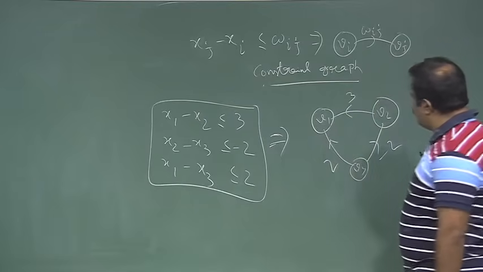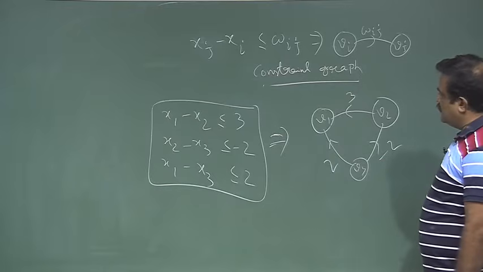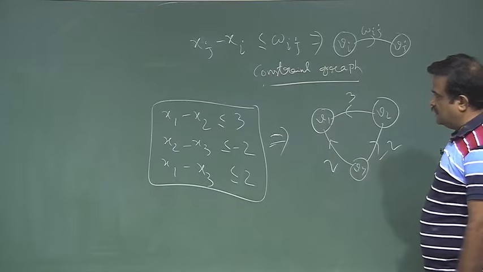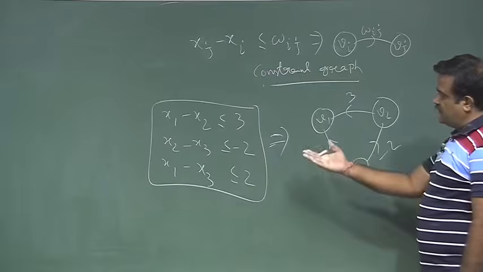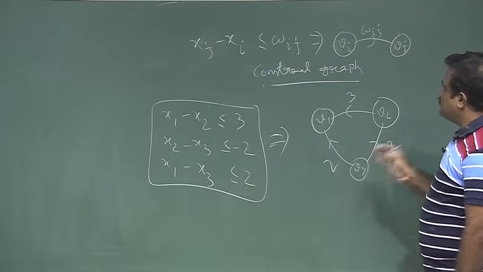So, this is the constraint graph corresponding to this system of difference constraints. Okay. So, we have the graph.